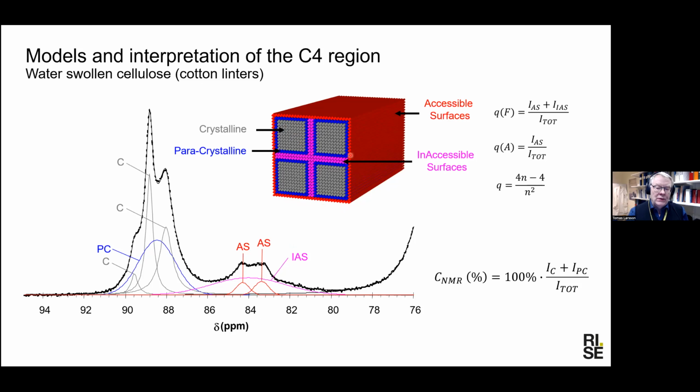That is a fibril, the square cross-section here, and then there is a fibril aggregate. This is just a model of a 2x2 fibril aggregate. But all the different states of polymer order that you can identify from a model like this can be found as separate signals when you do the proper fitting of this region of the spectra.